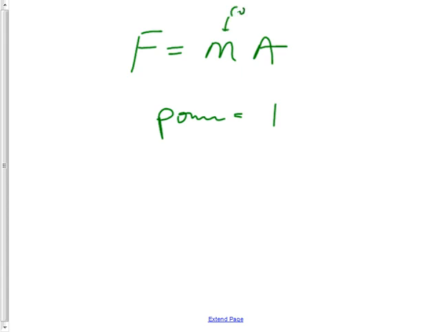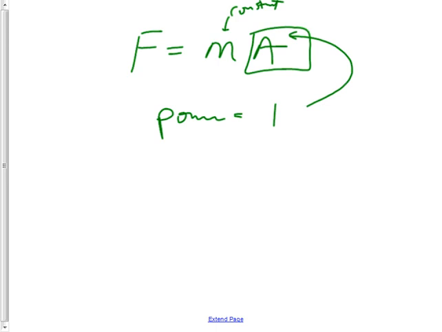So that one, F equals ma, where the power is 1 because the mass was, in this case, constant. We said it was going to be 1 kilogram all the time. So that means that's the constant. That's the variable. And what is the power on that variable? It's a 1.